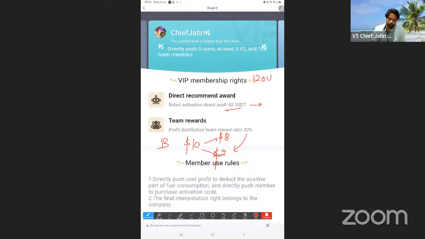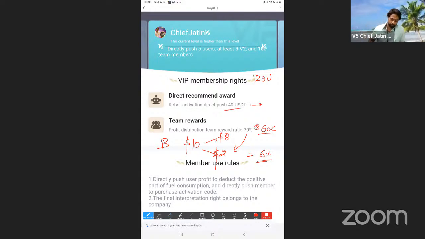That means 60 cents, or you can say 6% of the profit that Royal Q is generating on Benjamin's Binance account for the whole year. Whenever Royal Q is generating any profit on Benjamin's account, I will be getting 6% out of that.